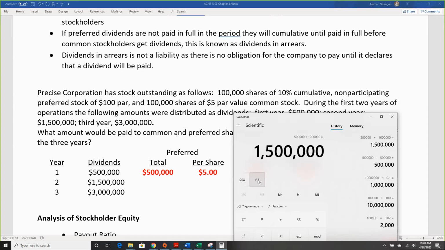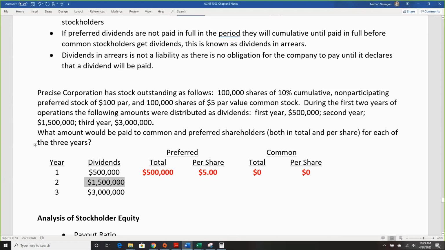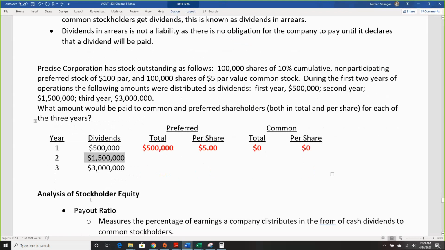So right now, this is how much dividends they should get paid. Again, it adds on until we pay them off. So year two, as an example, is miraculously 1,500,000. So that basically catches up our preferred stock. They have now been issued out the dividends.